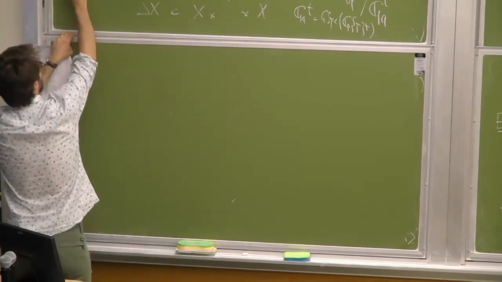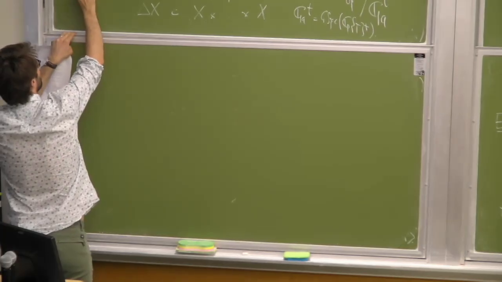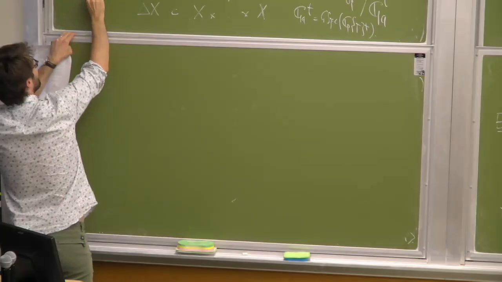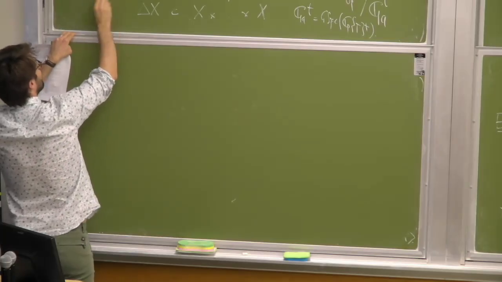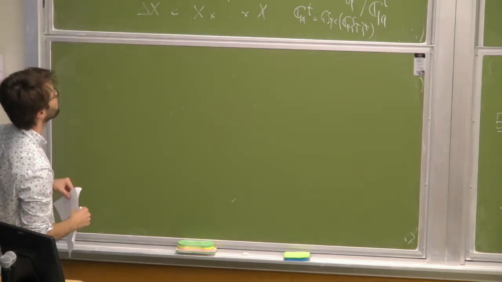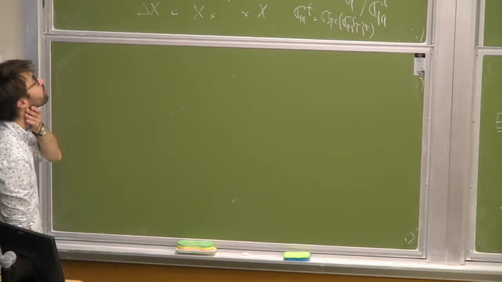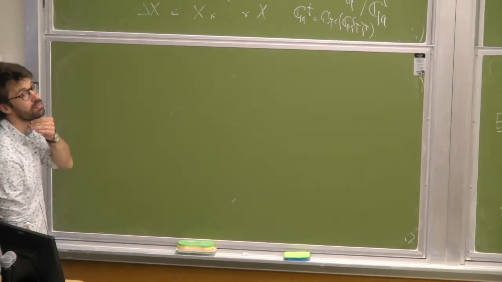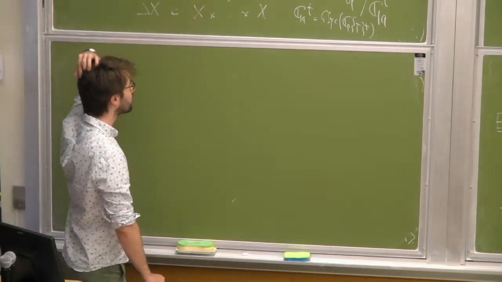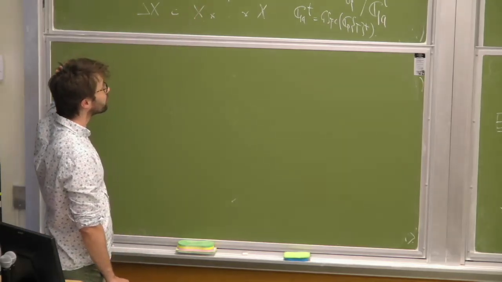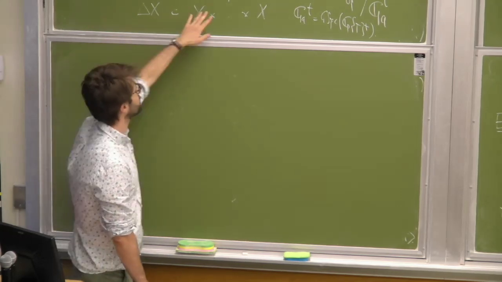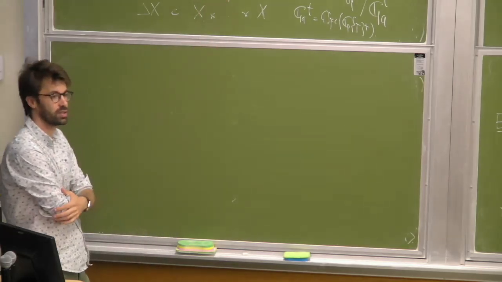Basically, I was trying to just describe that by the product of X. So the naive approach would be to say that X de Rham is the quotient of X by a certain equivalence relation, where two points are equivalent if they are infinitely close. This would be the naive definition.